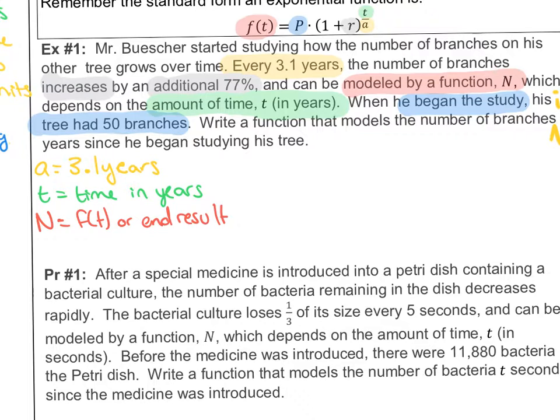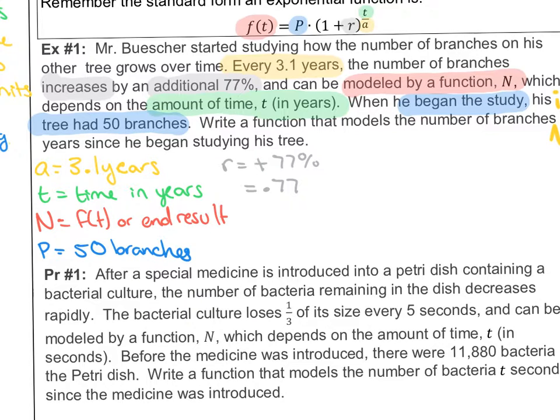And then our starting amount, our principal amount, our p, was 50 branches. And then our r, just to recap, is positive 77%. But we need to write it as a decimal to put it into our formula, so we write it as 0.77, right? Because 77% is 77 over 100, and 77 over 100 is 0.77.